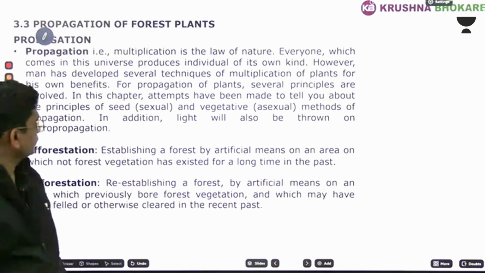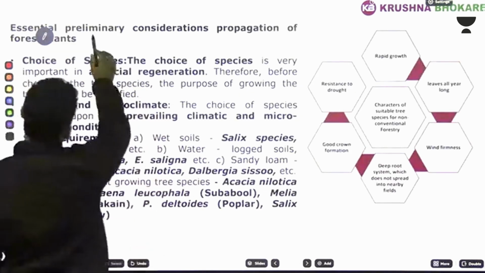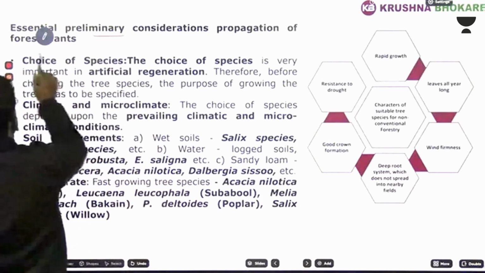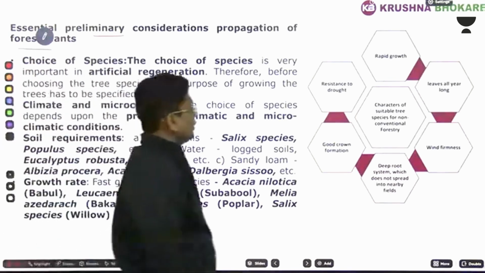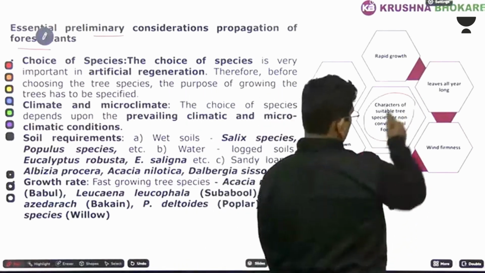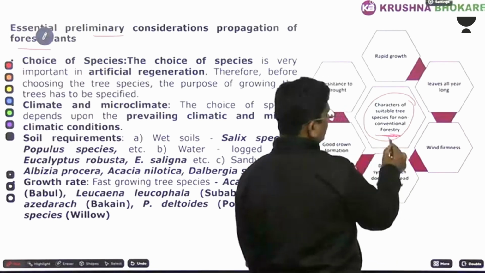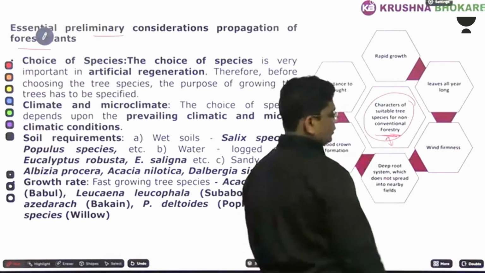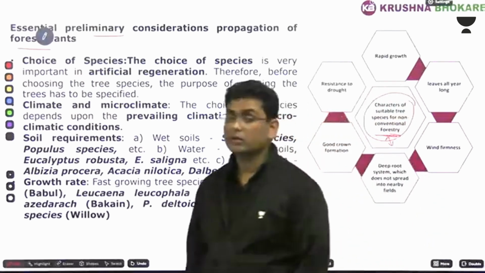क्या हुआ इसको? Essential or preliminary consideration for propagation of the forest plant. ठीक है, before that we will find some characteristics, है ना, of suitable tree species for the non conventional forestry. What do you mean by non conventional forestry and what is the conventional forestry? Can you tell me types of non conventional forestry?